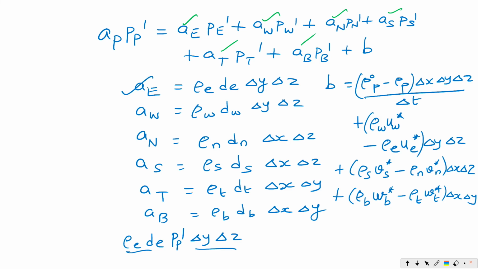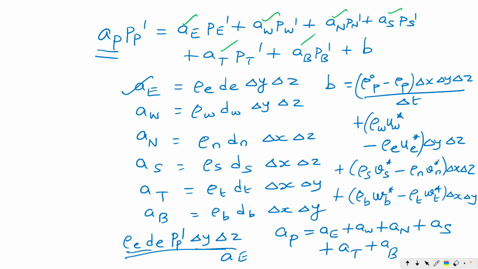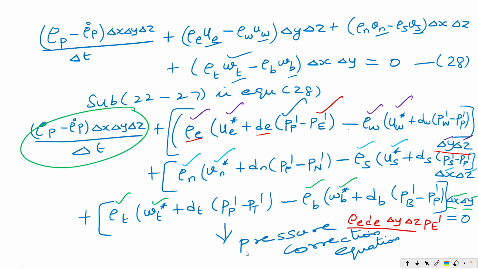So now I can tell this AP is nothing but, if I take all the terms, AE plus AW plus AN plus A south plus A top plus A bottom. I have written only for AE now. If I go to the previous slide, this term will become AW. This is rho W, UW into del y del z, minus into minus will become plus.